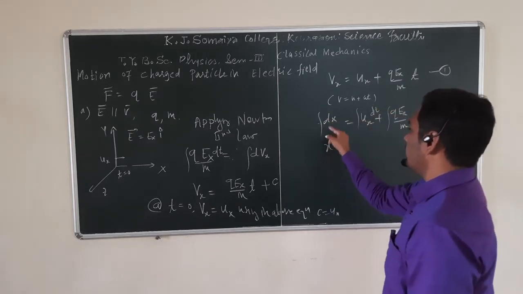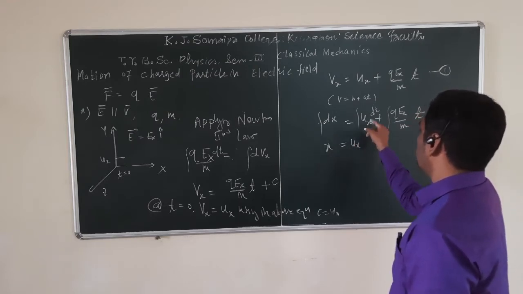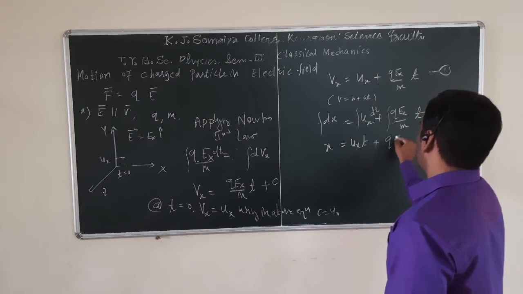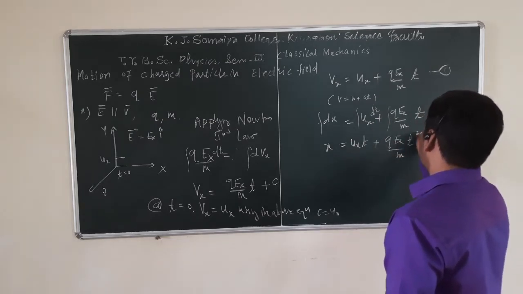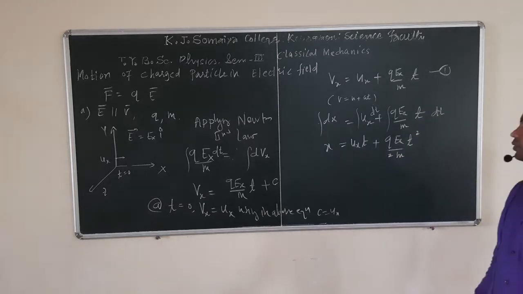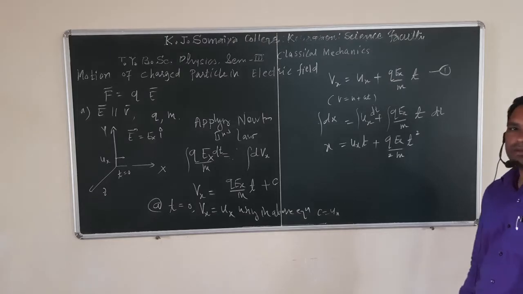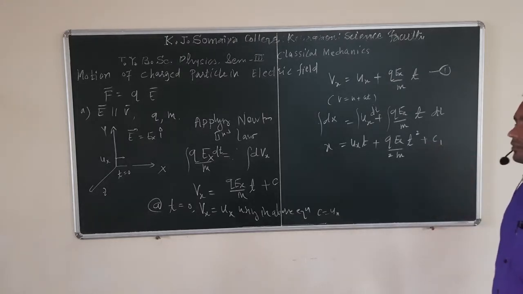So integration of dx becomes x, ux is constant, integration of dt becomes t, plus qEx upon m, t dt becomes t square by 2. So x is equal to uxt plus qEx upon 2m t square, and again some constant of integration.